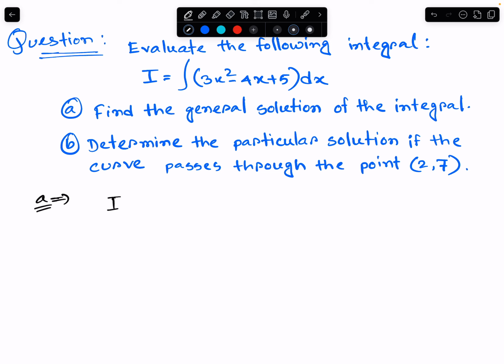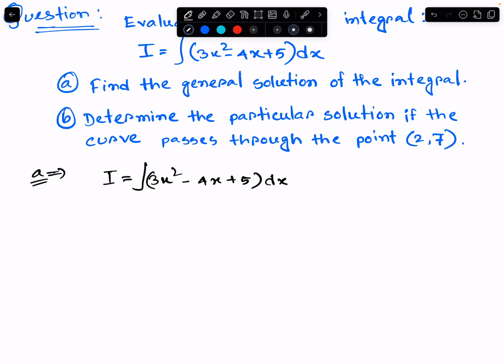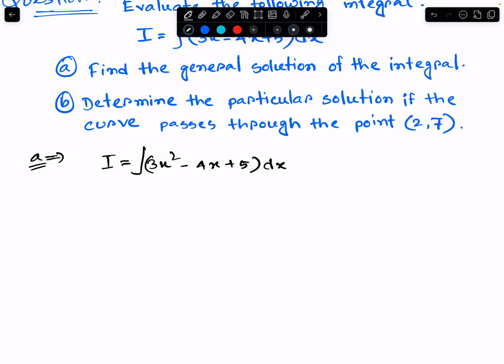Let's write the question again. 3x squared minus 4x plus 5 with respect to x. So our given integral, we have to solve it. We are going to use the power rule. I think you guys already know the power rule for integration, though I'm writing it again.